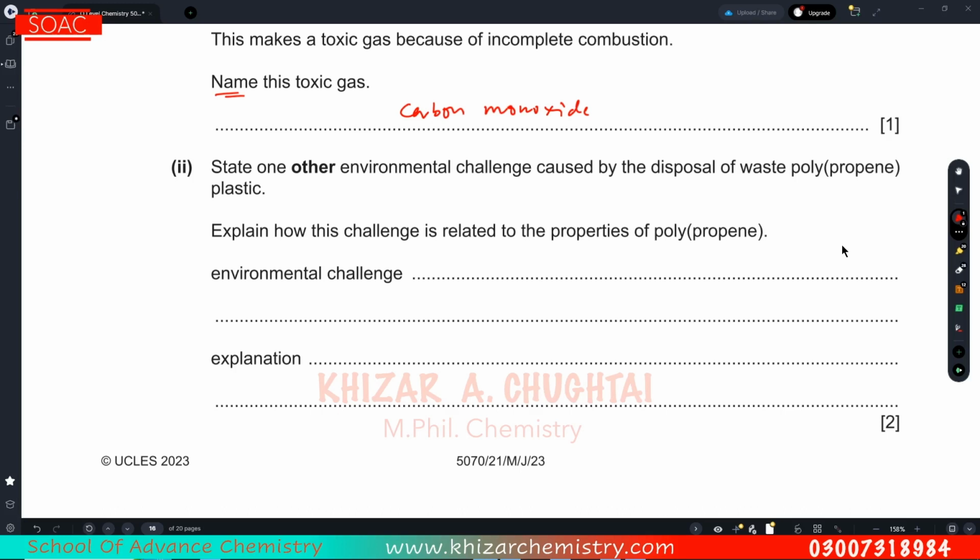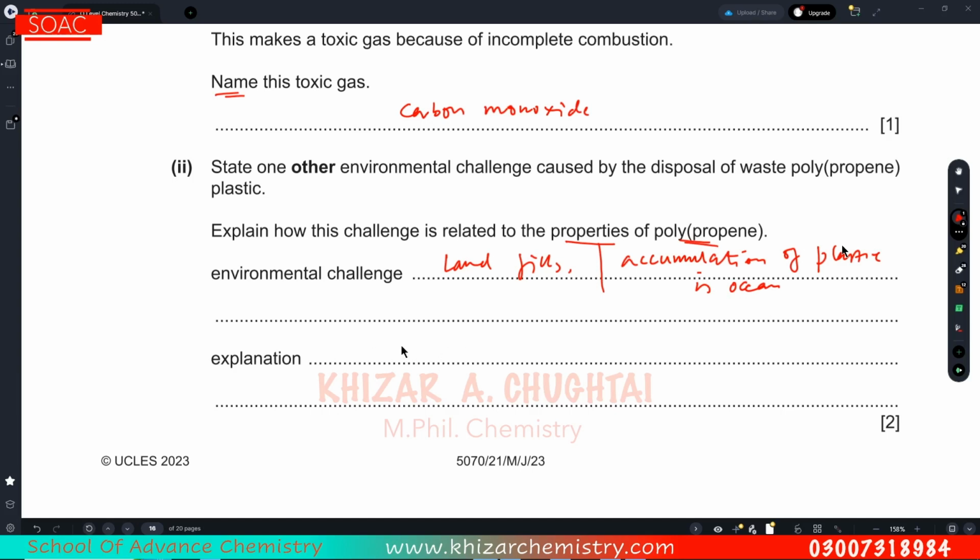Explain how this challenge is related to the properties of polypropylene. The challenge may be the accumulation of plastic in landfills or in oceans.